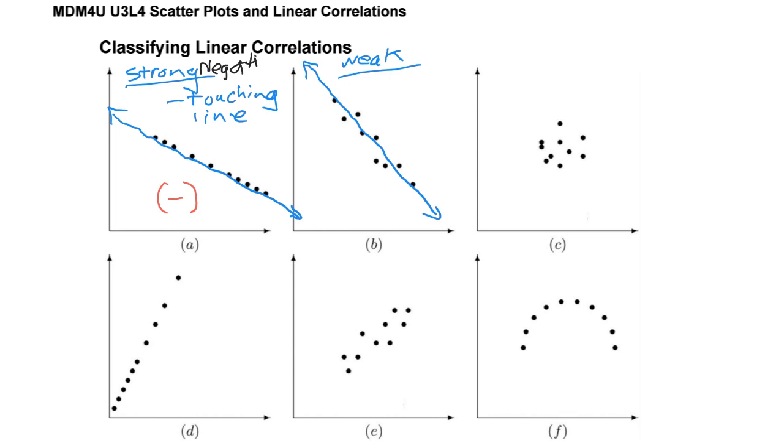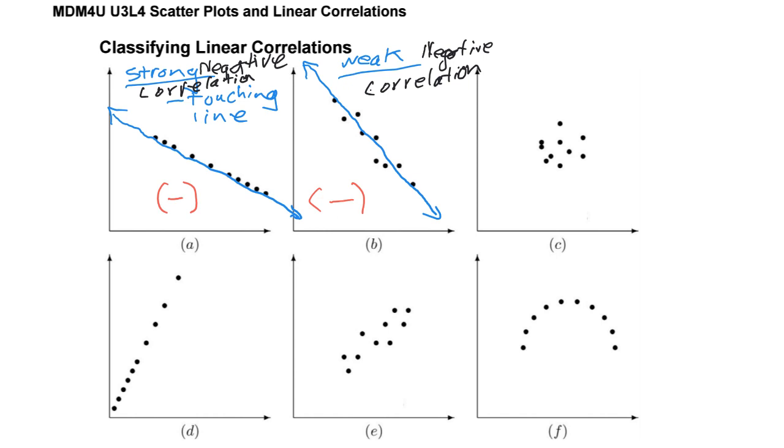Now this other one here, since the points are kind of close, I would say this is a weak negative correlation. The reason why it's negative is because the slope of the line is negative.